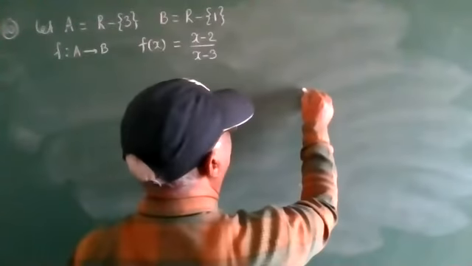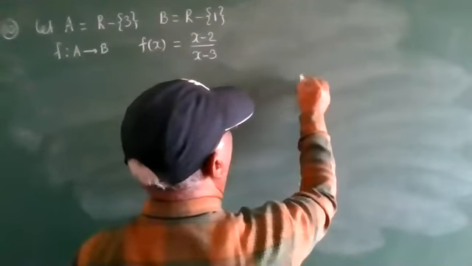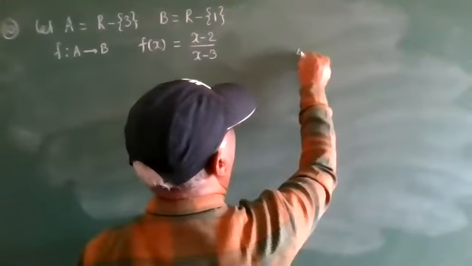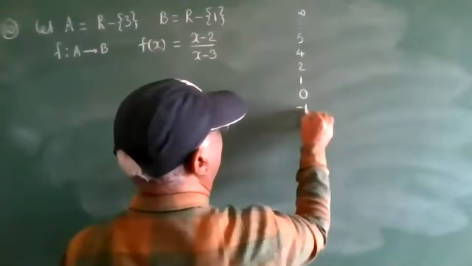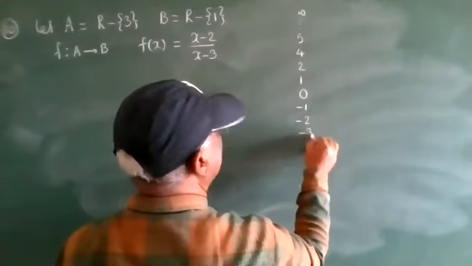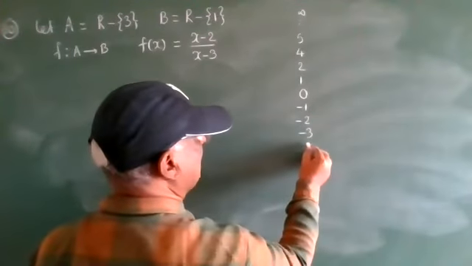So in the domain: 0, 1, 2, no 3, 4, 5, up to infinity, and minus 1, minus 2, minus 3, up to minus infinity. Only plus 3 is not there.